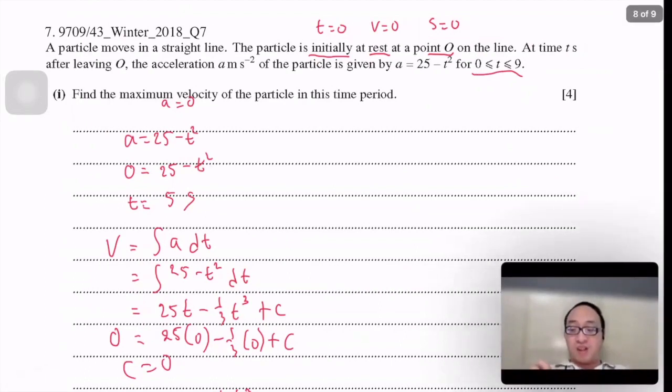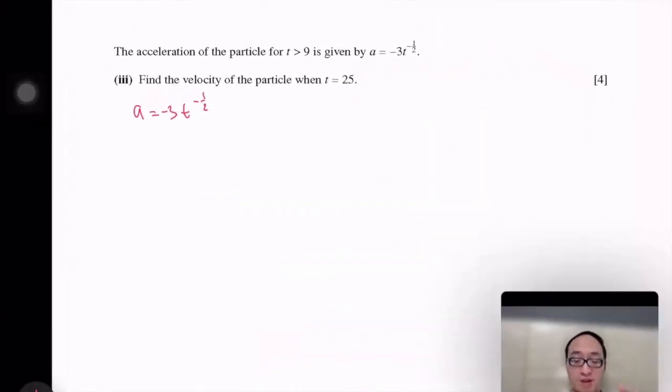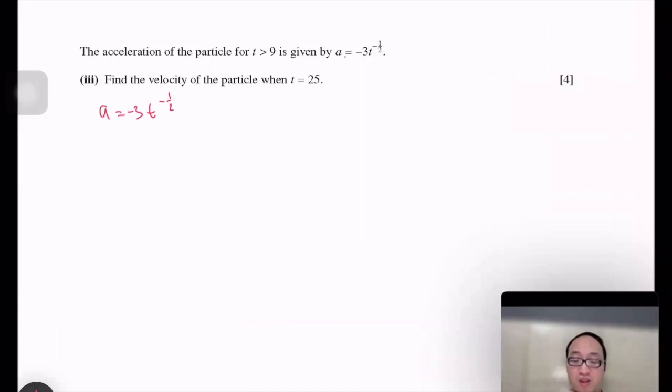After 9, it follows this formula. So maybe we can find the velocity when t equals 9.